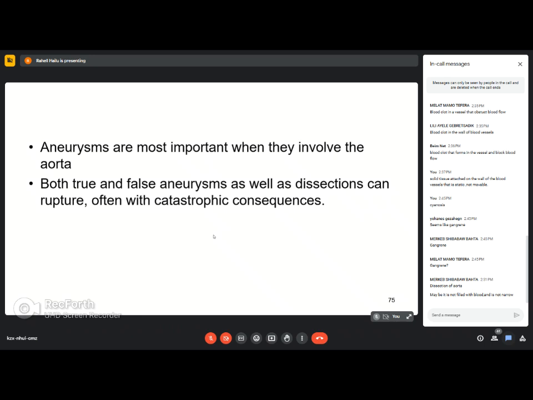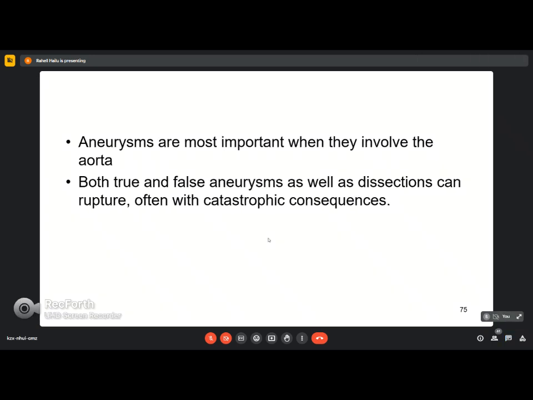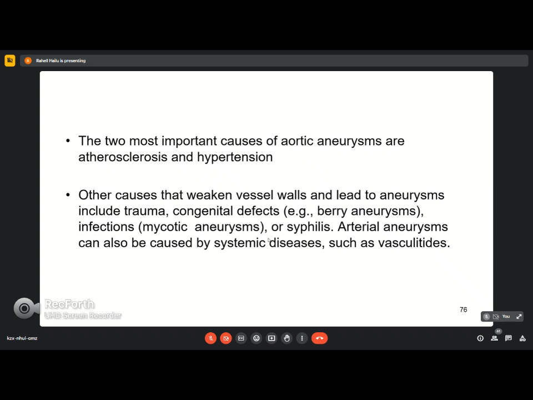So aneurysms are most important when they involve the aorta because it is catastrophic, because a large chunk of the blood goes to the upper part and to the lower part, so you need to look out for them. The commonest is the abdominal aortic aneurysm.